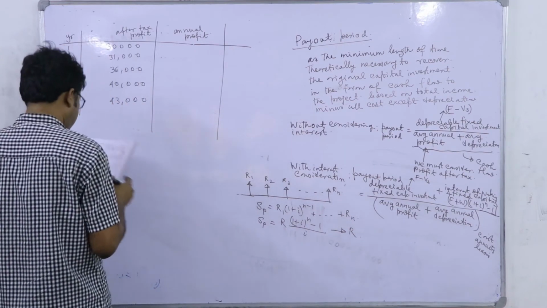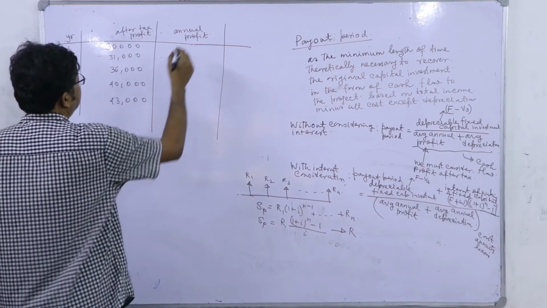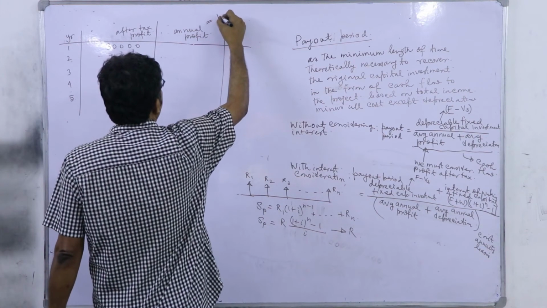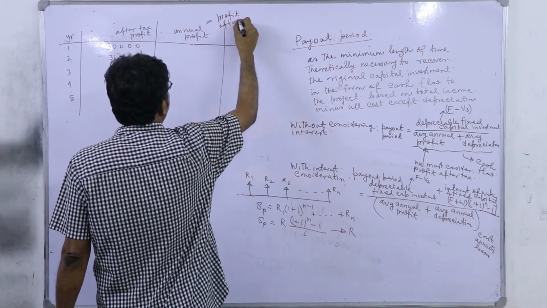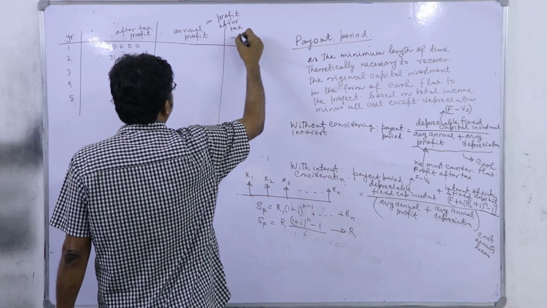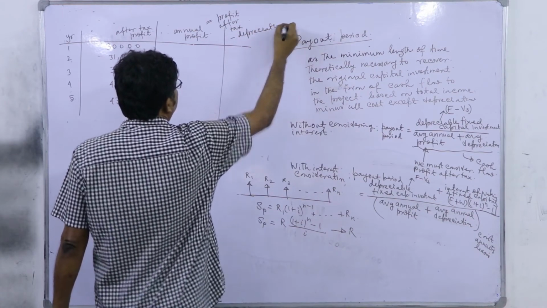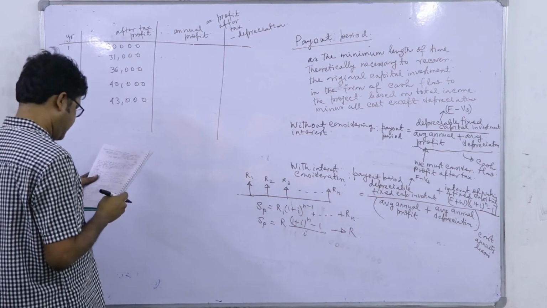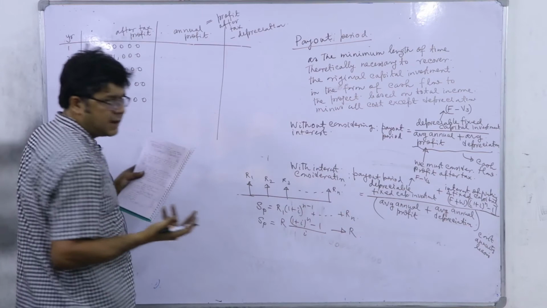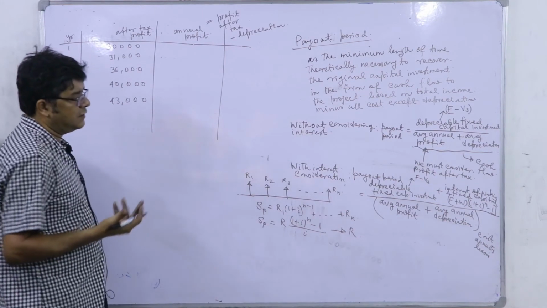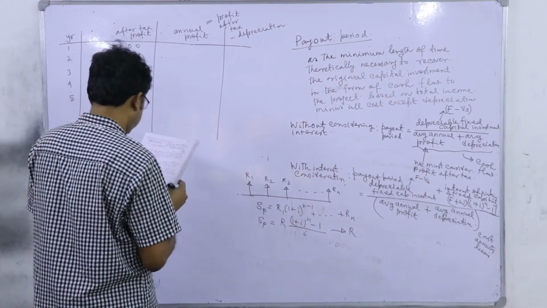Right. The annual profit is basically the profit after tax minus depreciation. It should not be plus, it is minus depreciation. So, depreciation here, as we again are not considering this interest, so we can go by straight line method where it is equal. Right.